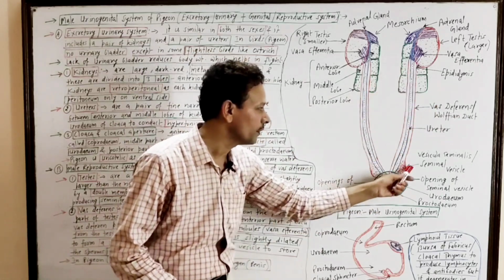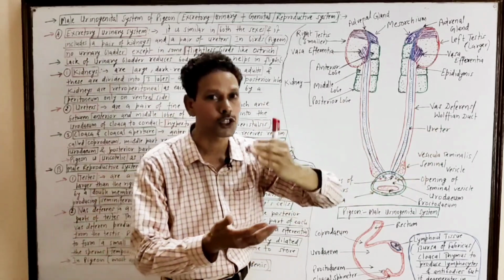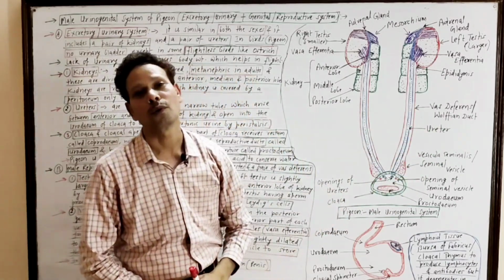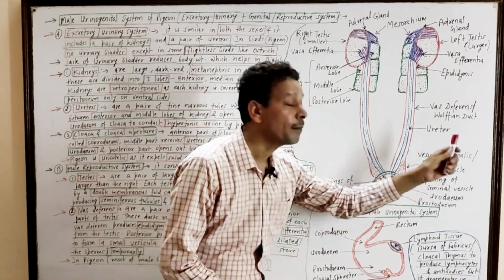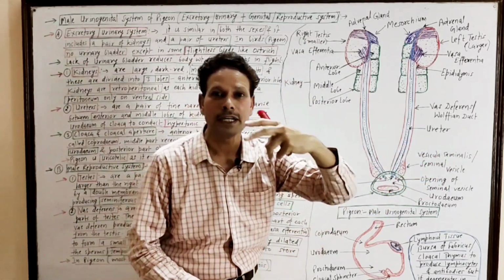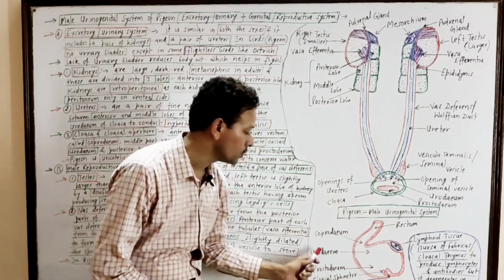The lower part of the vas deferens gets dilated, becomes enlarged, and stores the spermatozoa. This lower dilated part is the seminal vesicle. Temporarily it stores sperms, and it opens in the middle part of the cloaca, the urodeum.